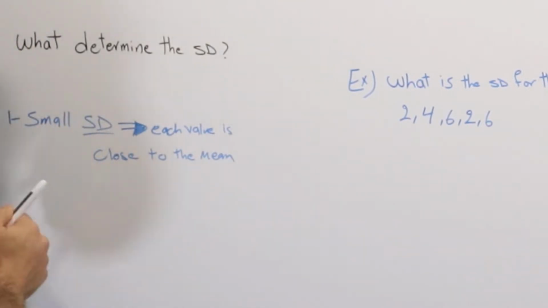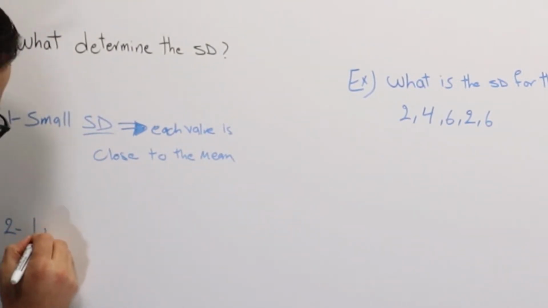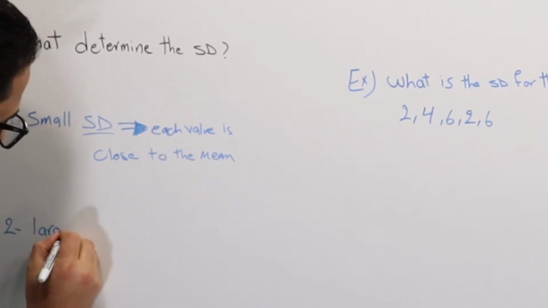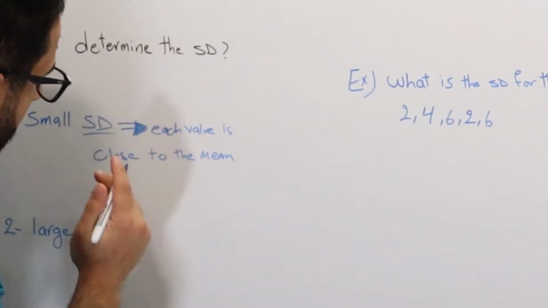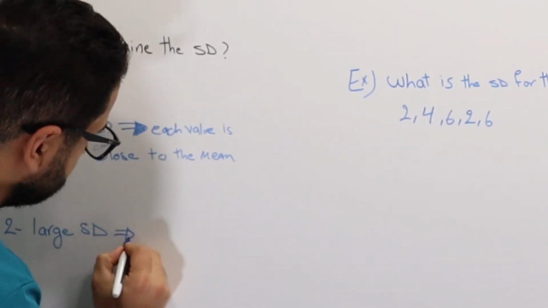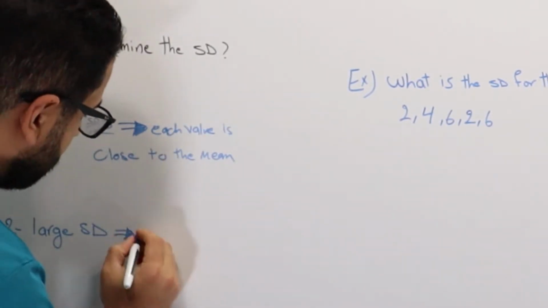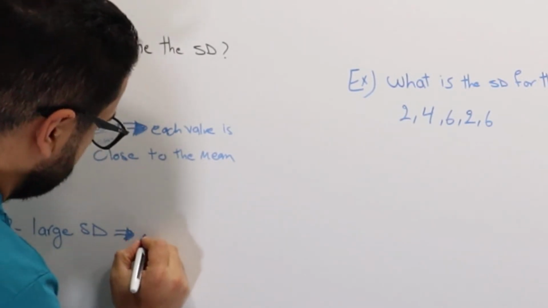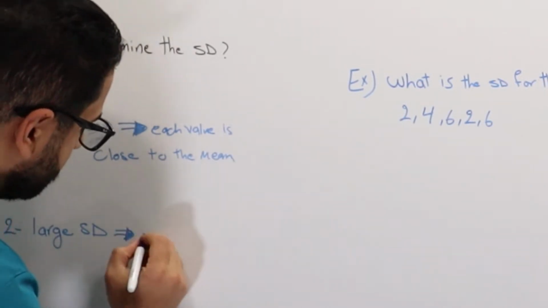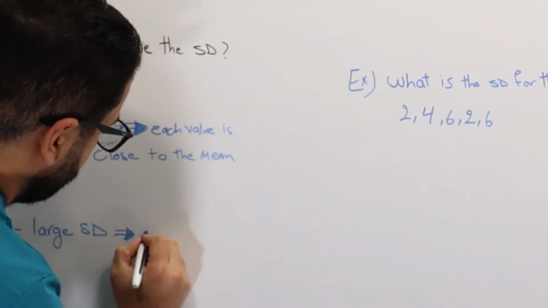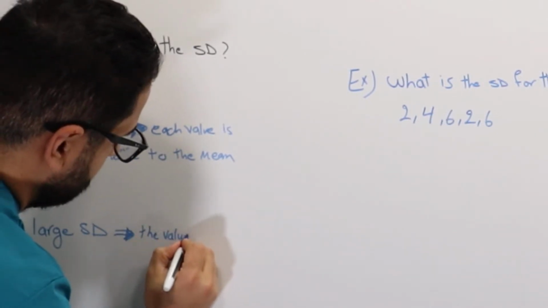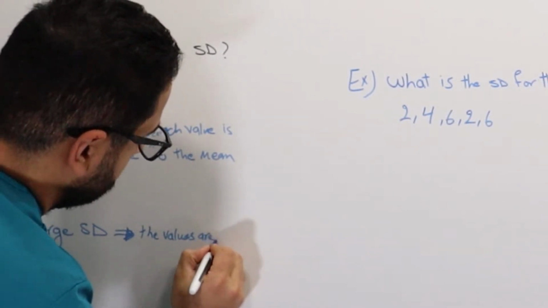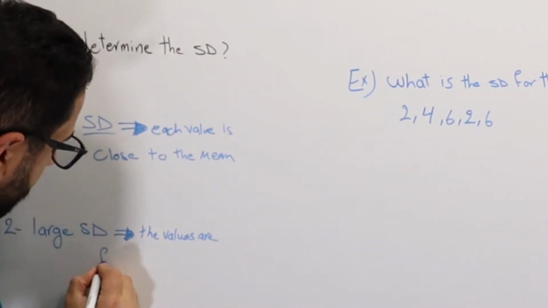And the second option would be large standard deviation, which is basically the opposite of this, which means that on average, the values in the data set are far from the mean.